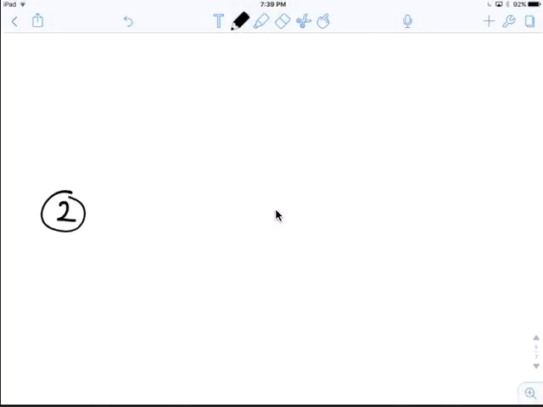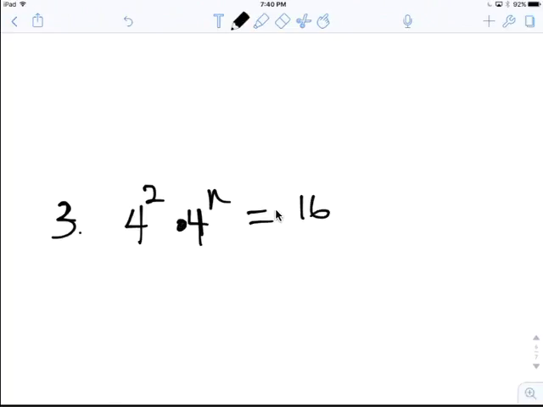Number 3. The problem number 3 is 4^n times 4 squared equals 16. Well, write it with the same base of 4.